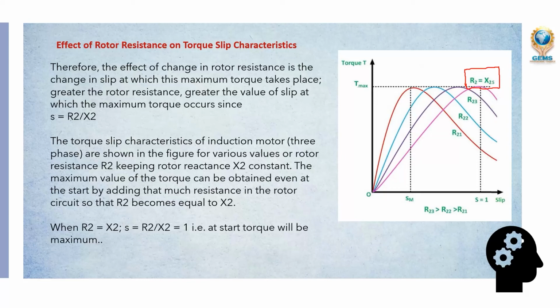The effect of a change in rotor resistance is on the slip at which maximum torque takes place. The greater the rotor resistance, the greater the slip at which maximum torque occurs. So if the rotor resistance increases, the slip value also increases, and the torque value also increases.